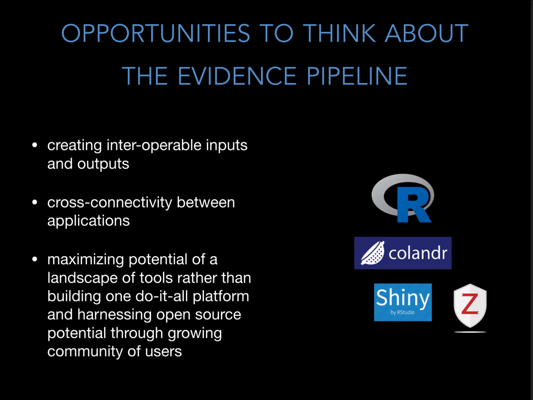One thing that Colandr as an open source platform has allowed us to really think about, and to interact within the open source community around, is to think about what the evidence pipeline could look like.